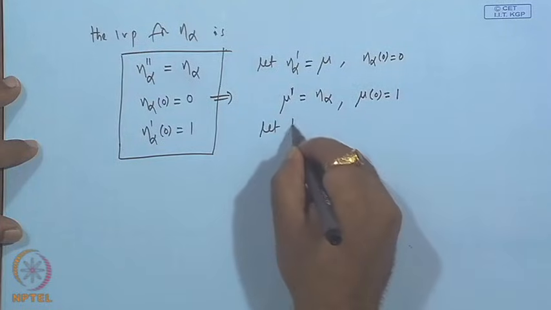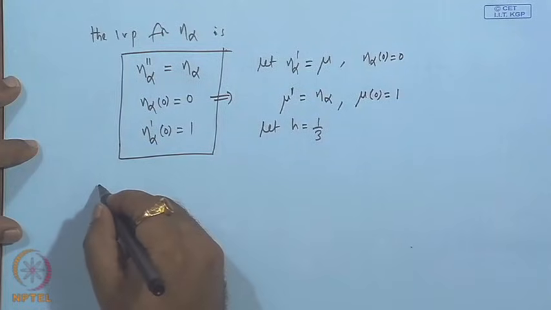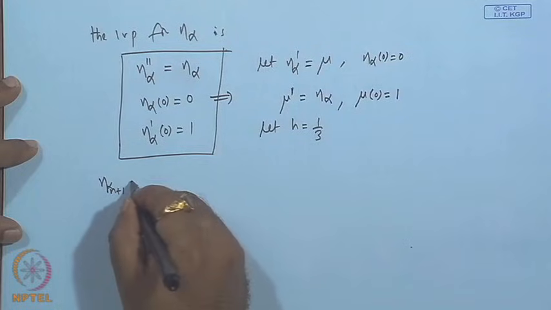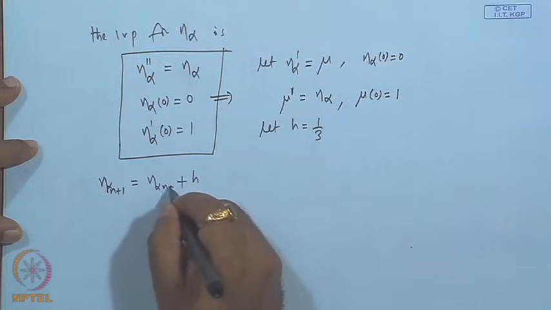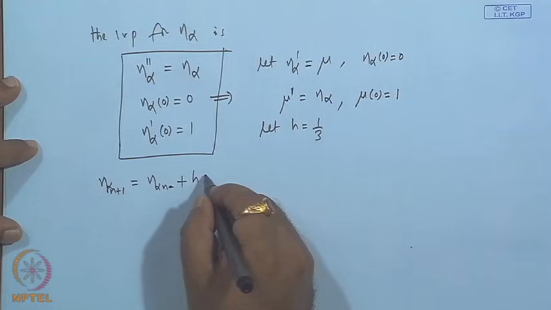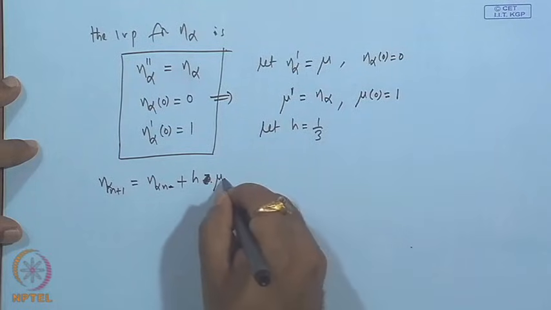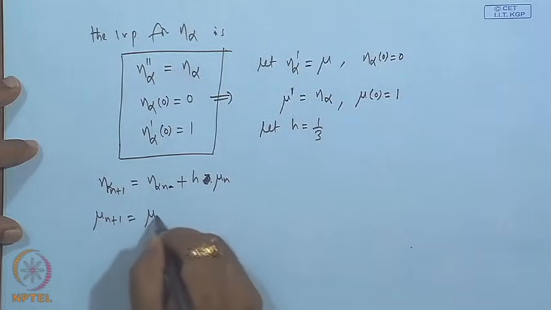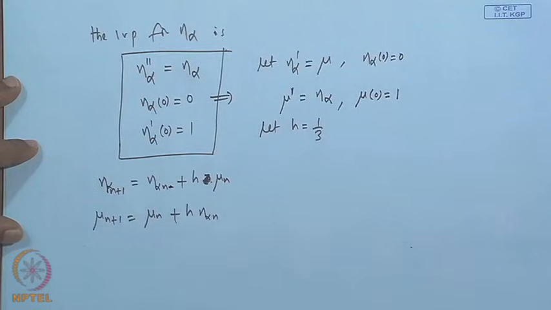So, let h be 1 by 3. Then we have to define the Euler method, of course: eta alpha n plus 1 equals eta alpha n plus h mu n, and mu n plus 1 is mu n plus h eta alpha n.